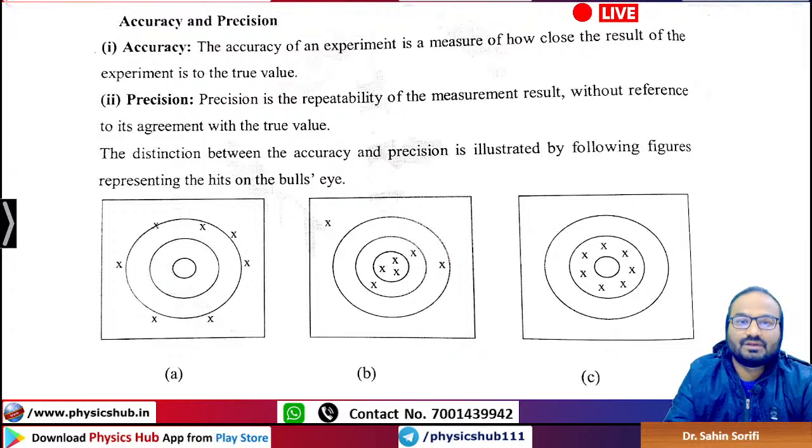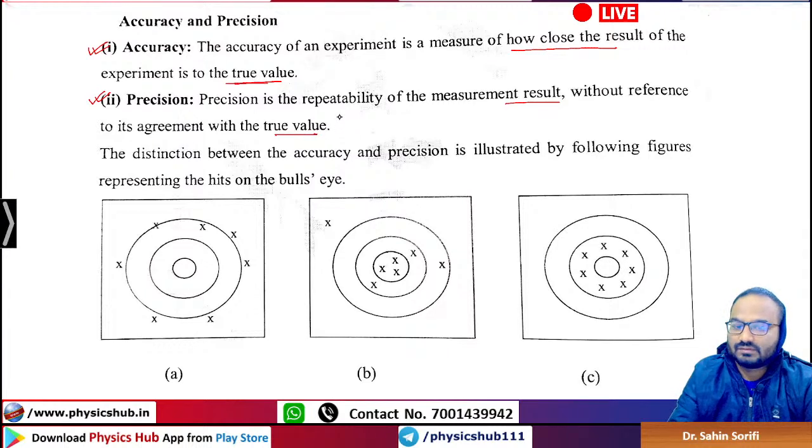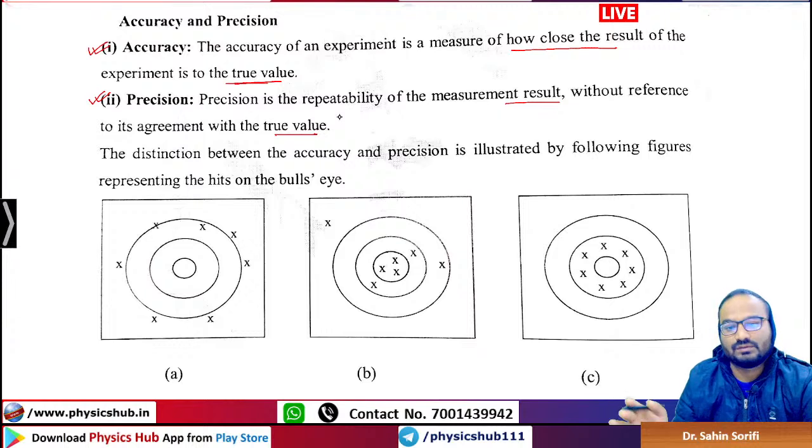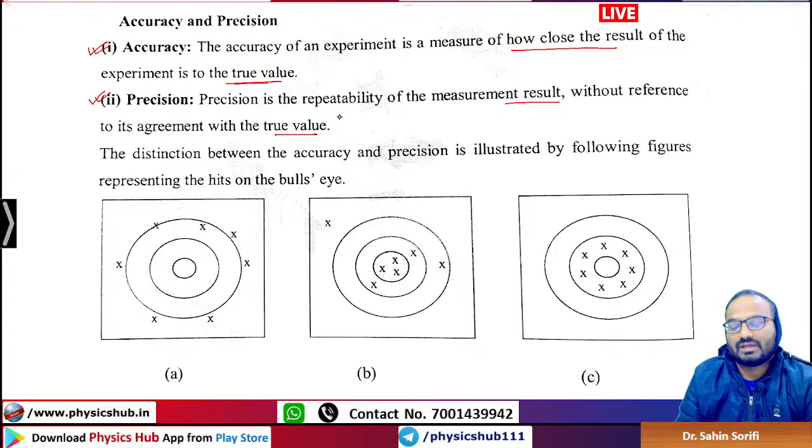Accuracy of an experiment is a measure of how close the result of the experiment is to the true value. What is precision? Precision is the repeatability of the measurement result without reference to its agreement with the true value. It may be closer to the true value, or it may be away from it.